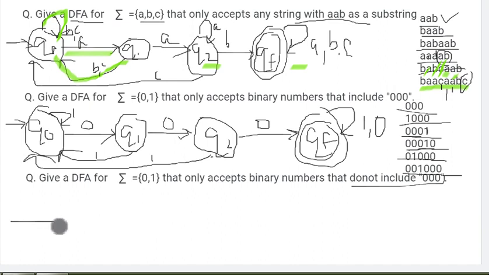Okay, we made this DFA for 000, right? What we need to do, just reverse the thing. Whatever the final state, it becomes a normal state, and the normal states become final states. So we need to just modify this rather than making it again. We made the DFA which accepts 000, and now we need to make the opposite, that is, do not accept 000.